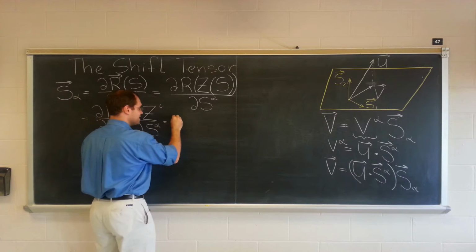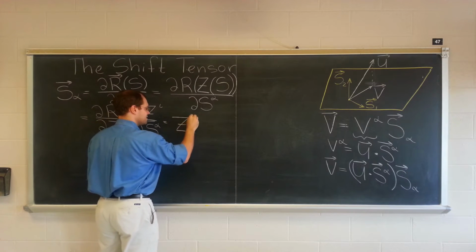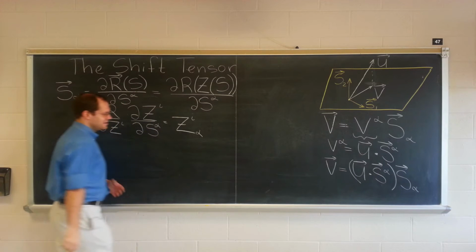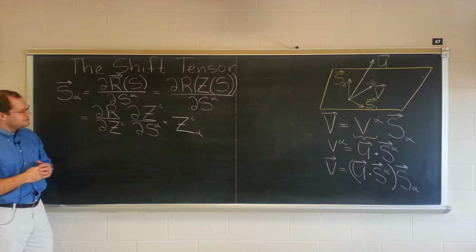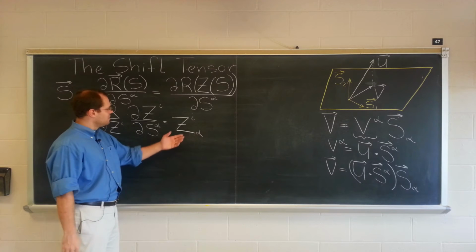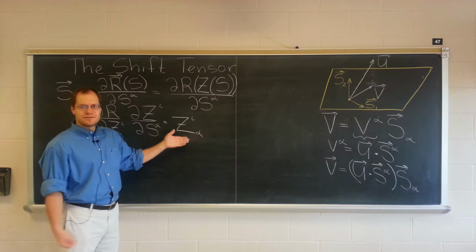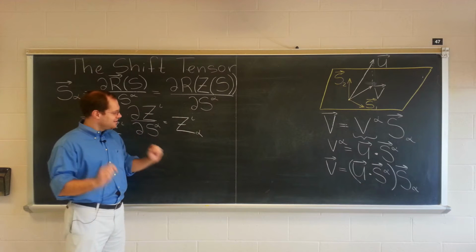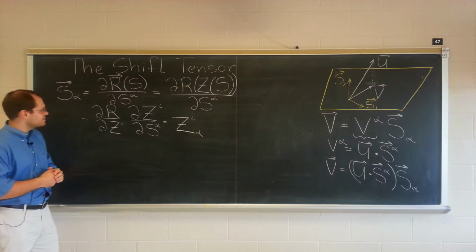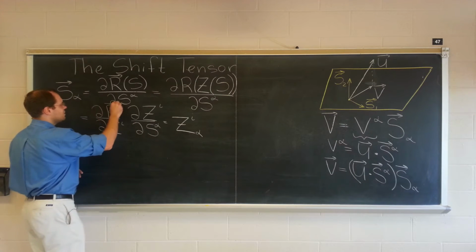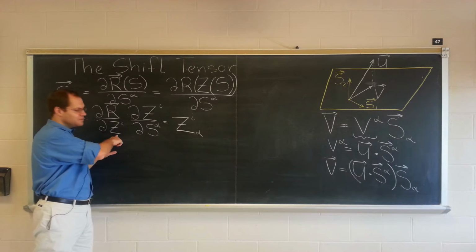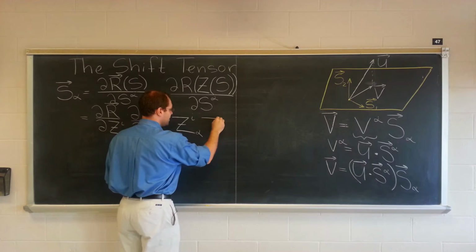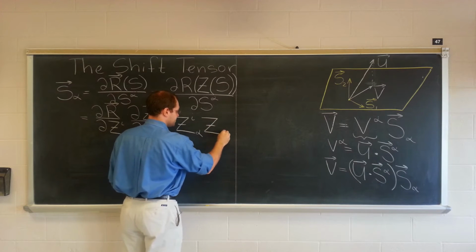This, of course, is the shift tensor. There you go. The shift tensor makes its second appearance, and we see how naturally it arises in calculation. Before we just defined it, but now we see that there is no avoiding the shift tensor. It really dictates all the action. And dR/dZ^i is, of course, the ambient covariant basis.